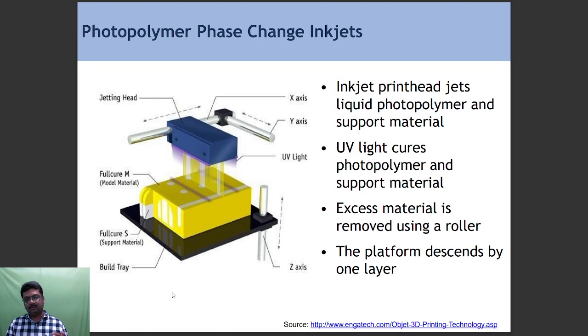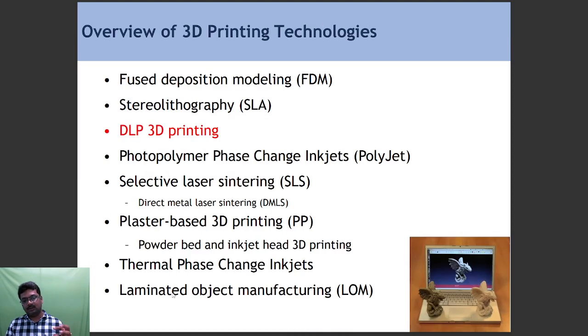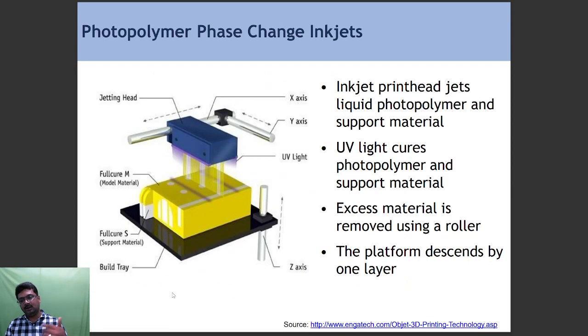We can produce smaller components as well as very crafted products using DLP, but with photopolymer, at the next level, we can print large size components. For example, I want to print a pen, a pen with a cap. Likewise, we can develop components using this photopolymer phase changing jet.